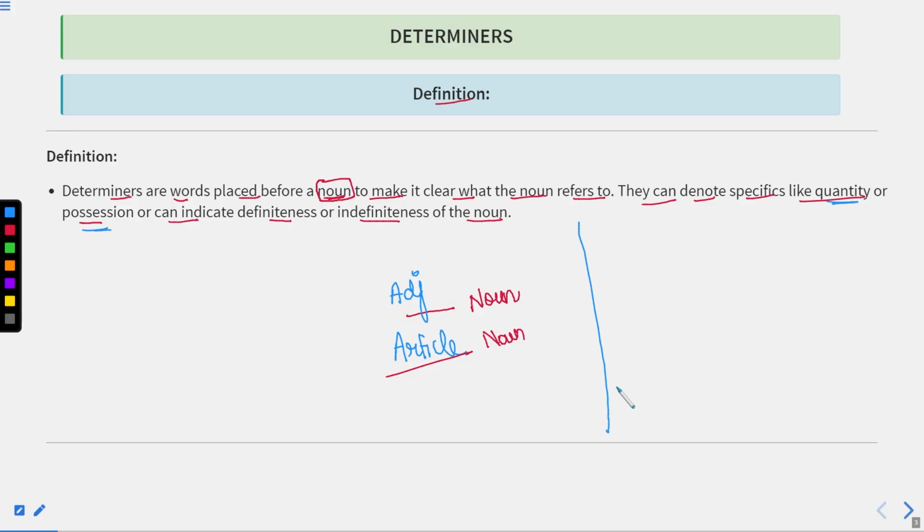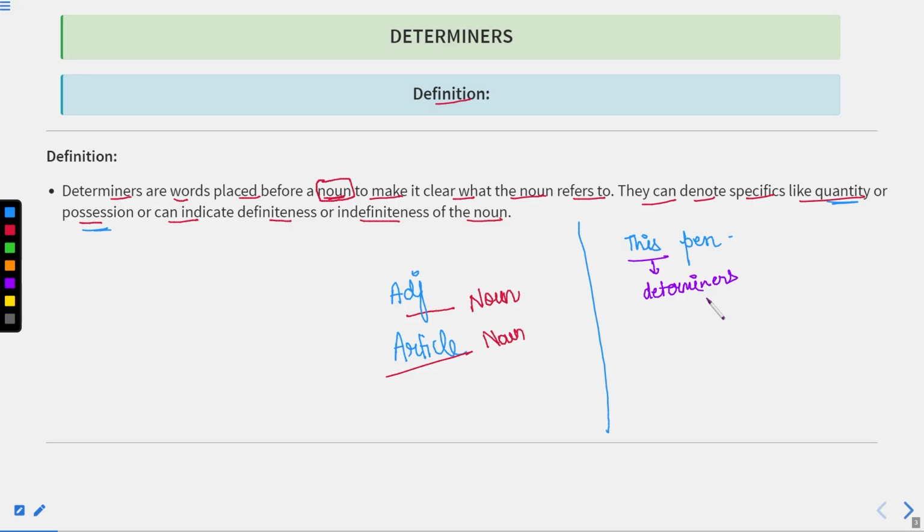Well, there are some adjectives, like if I say this pen, of course we can say that this is also an adjective, that is a demonstrative adjective, but this is also known as a determiner. It means if we talk about demonstrative adjectives, they are determiners.